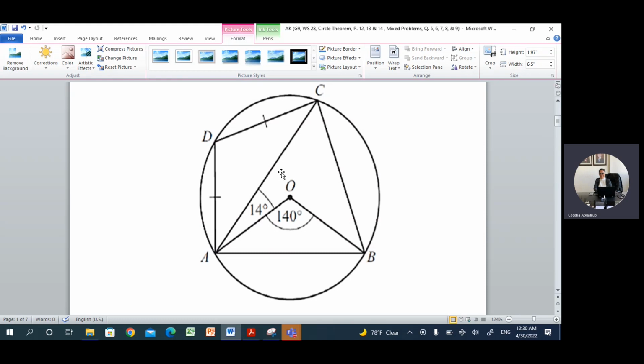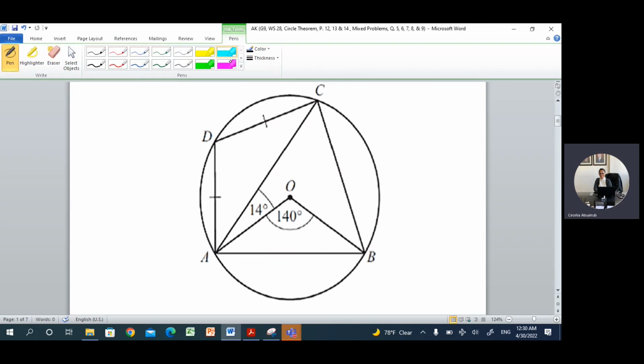Okay, so if we have a look at this question here, first thing that will cross my mind, so AOB is an angle at the center that is facing arc AB, and angle ACB is an angle at the circumference that is facing or opposing the exact same arc.